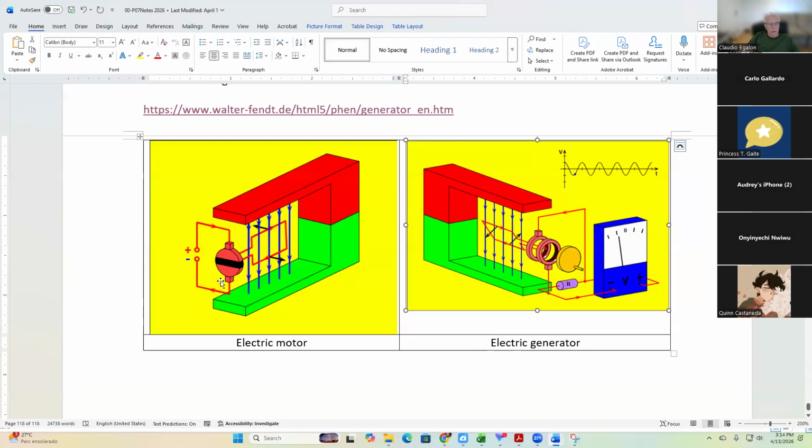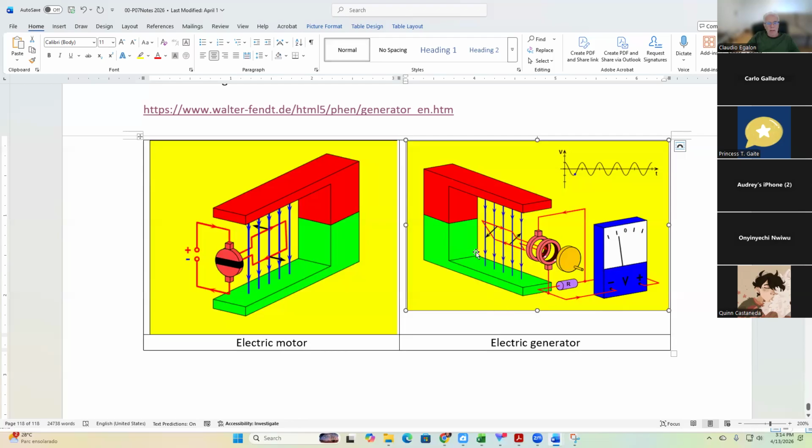In the place of this we have a battery, right? In the electric motor, we need a battery and a circuit subjected to a magnetic field to get the thing rotating. So we have an input of electrical energy, and the output is the mechanical motion.